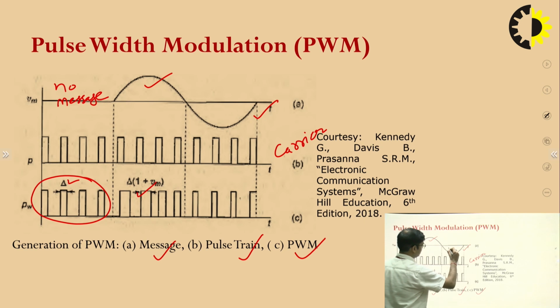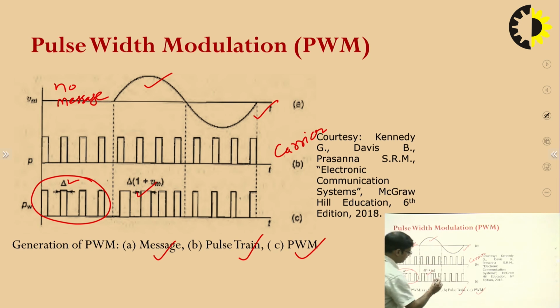Similarly, during the negative phase, when your message signal is in the negative half cycle, the width will reduce from its original width. The width in this case will be lesser than the original width of the pulse.